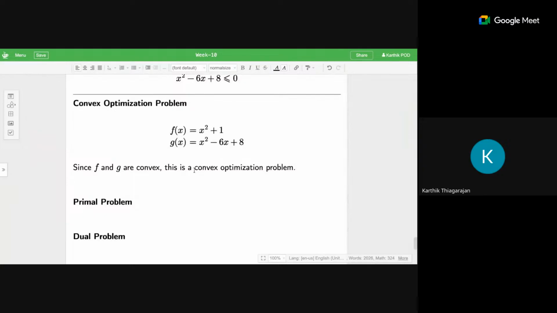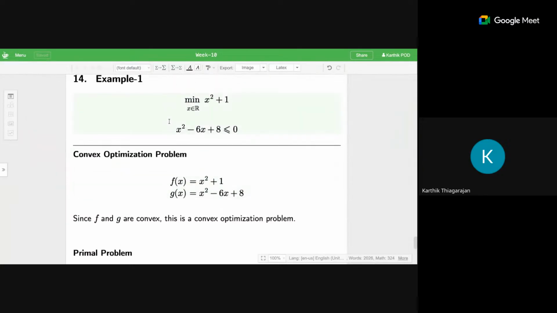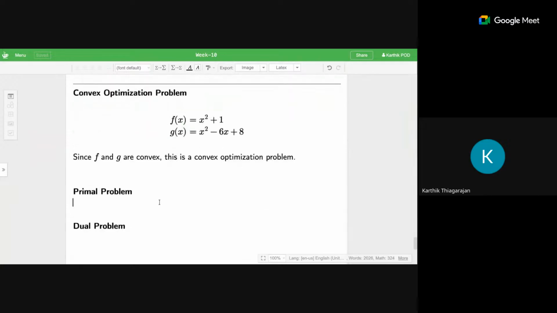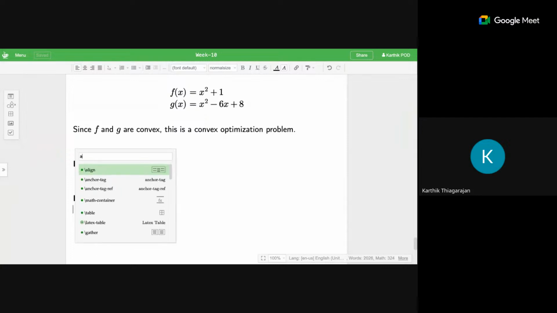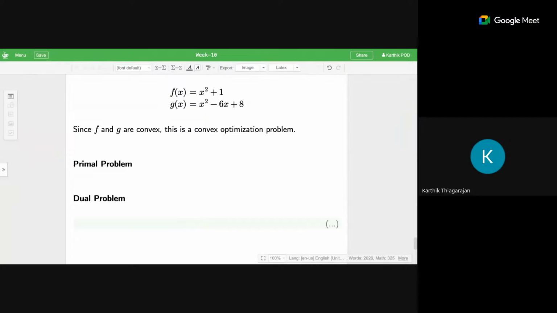Now we can go and look at the primal problem. So the primal we already know, right? The primal is whatever is given to us, it is already in primal form. So let's go to the dual problem. Tell me what the dual problem will be. Maximize over lambda greater than equal to 0, minimize over x, f of x plus lambda g of x.